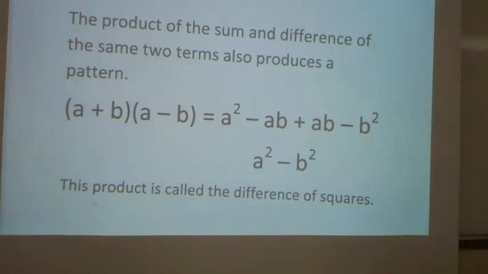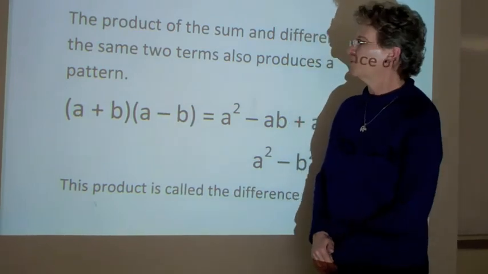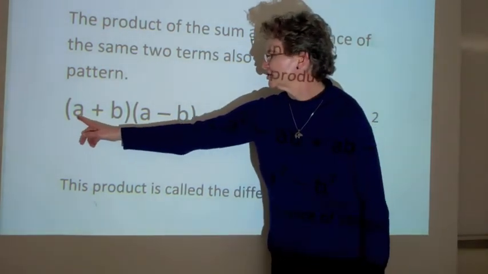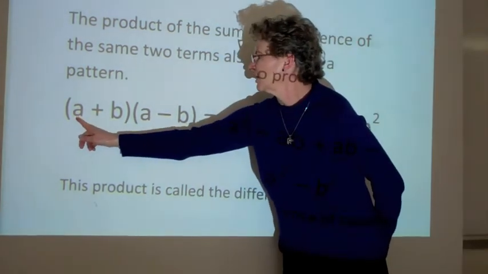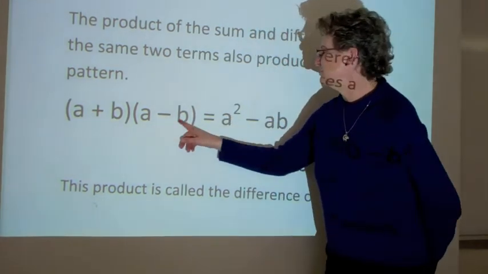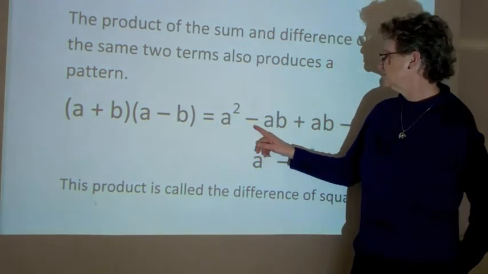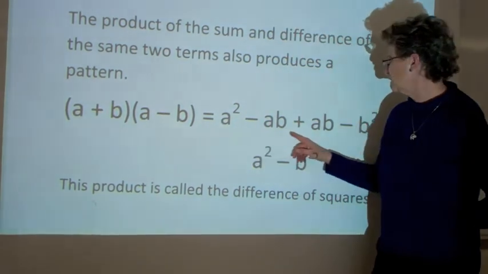If I had a plus b times a minus b, and I used my FOIL method, that would be a times a, which is a squared. Then I take my a times negative b, which gives me a negative ab. Then if I take my b times a, I get ab.